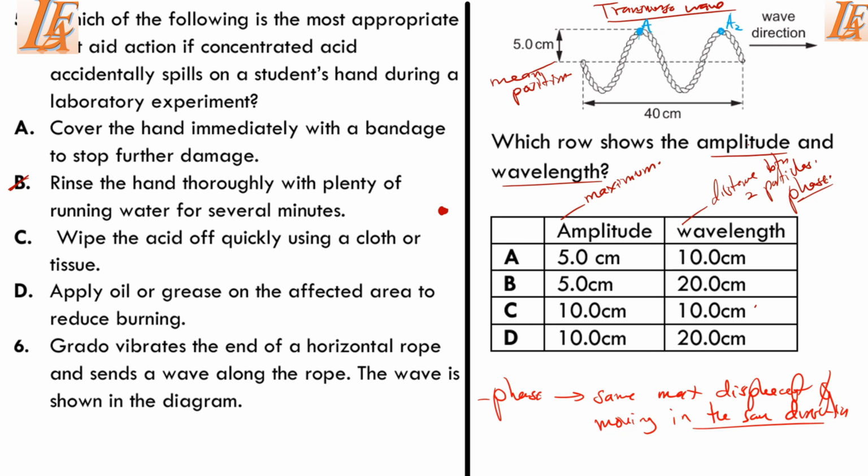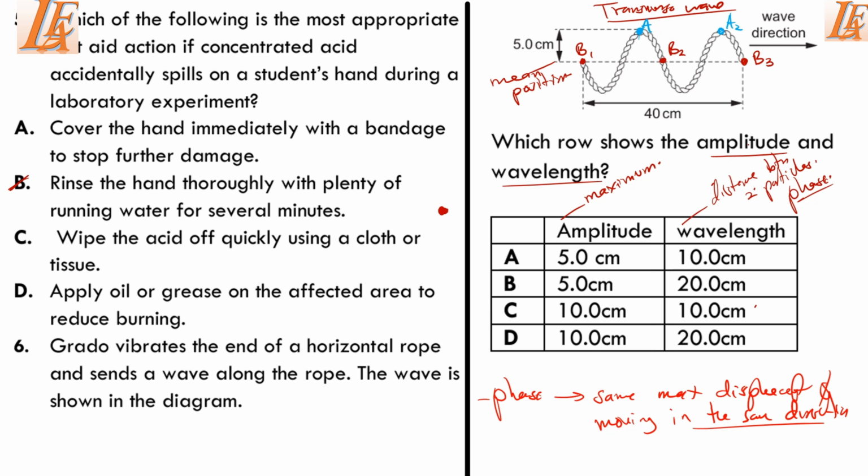Then another particle that we have is this particle here. Let me call it B1. Then I have another one here, B2. Then another one here, B3. So B1, B2, and B3 are in phase.